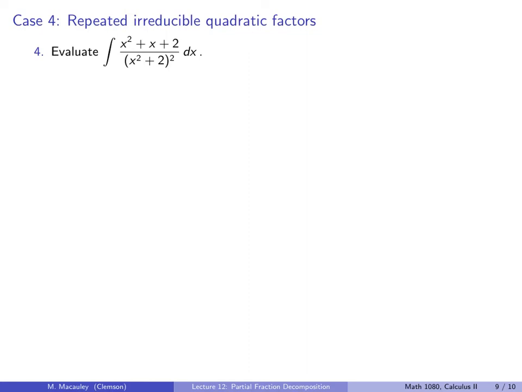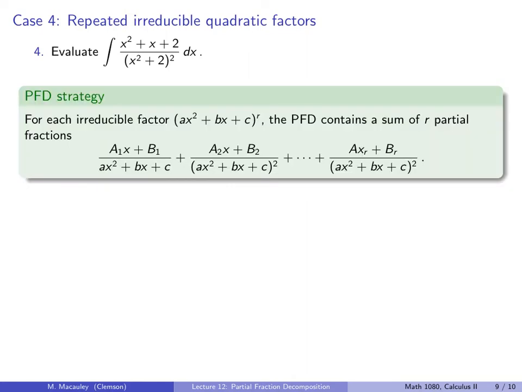Once you have those, you can do any partial fraction decomposition because you just treat each type of term separately. The strategy is the same as the last one. For each irreducible factor (ax squared + bx + c) to the r, the partial fraction decomposition contains a sum of r terms, just like before. It's just that now, instead of a linear term, it's a quadratic term.